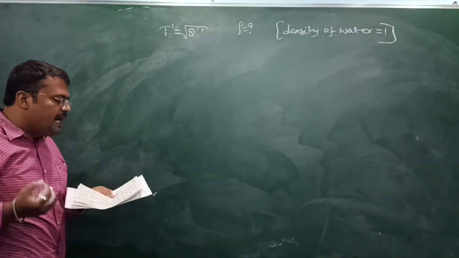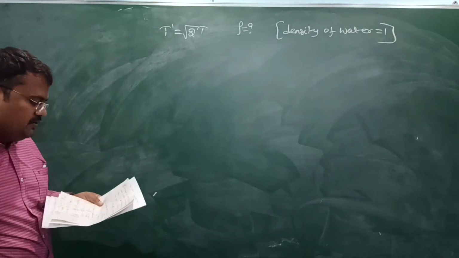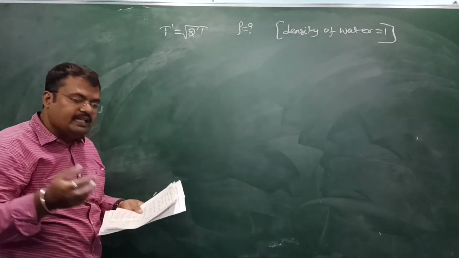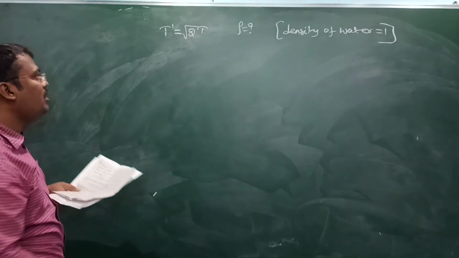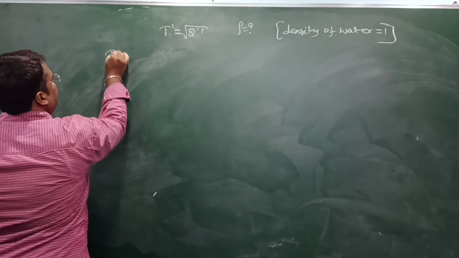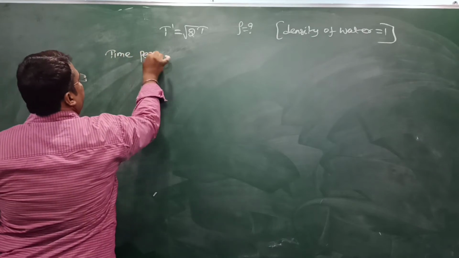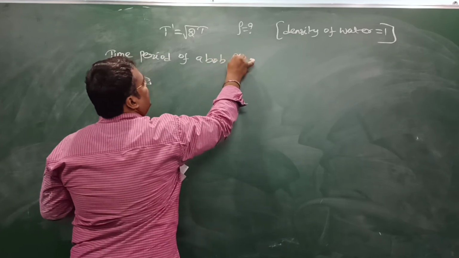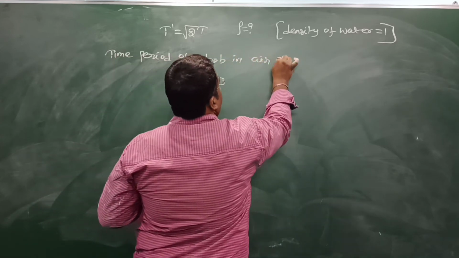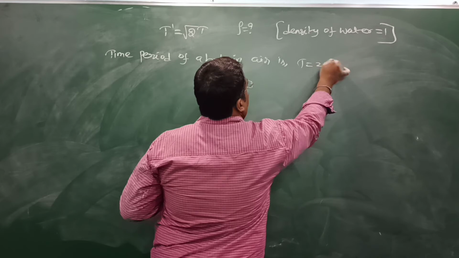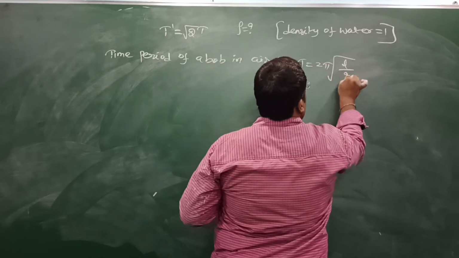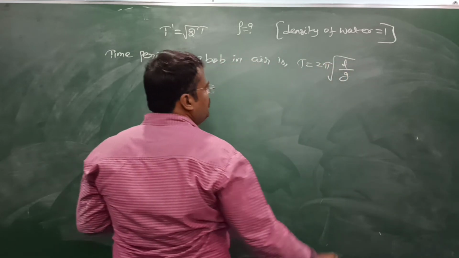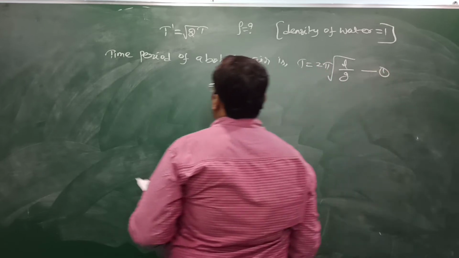Given that the pendulum has time period T in the air, what about the pendulum bob existing in the air? The time period of a bob in air is T is equal to 2 pi root L divided by g. This is the first equation.